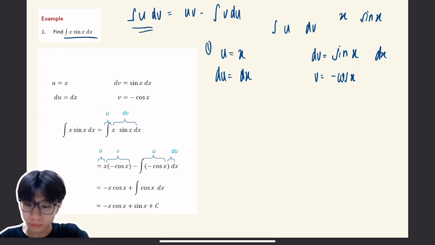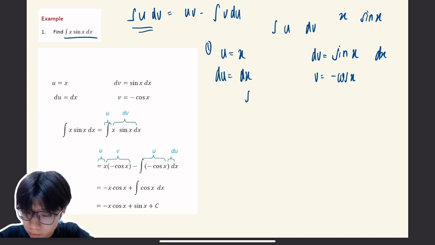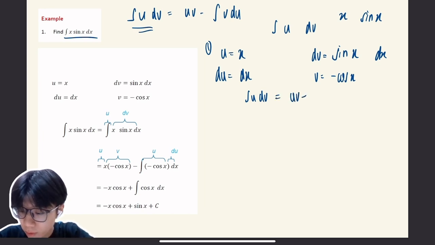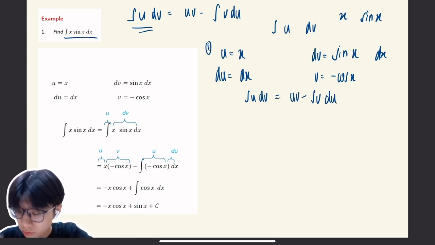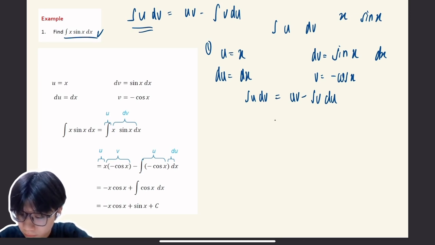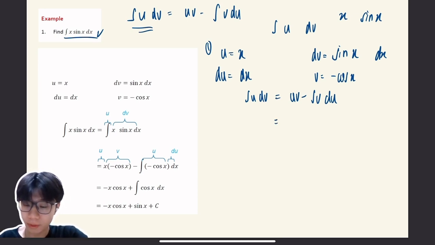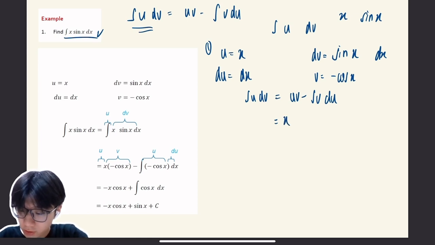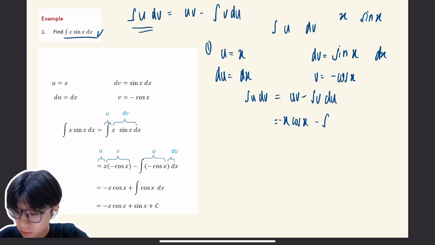By rewriting the formula, the left side is our question. And now we just do substitution. u is equal to x, so we rewrite it as x, and v is equal to negative cos x, minus v again, negative cos x.